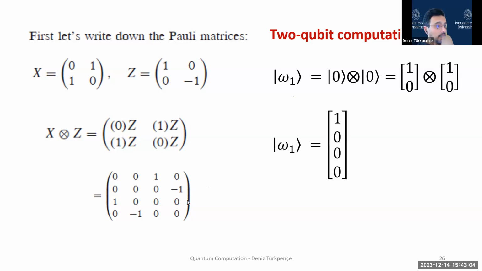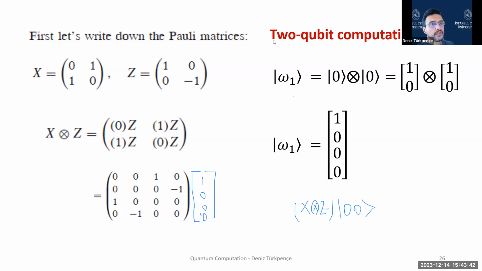So I have a 4 by 4 matrix as an operator. And of course, this operator should match with this state, 1, 0, 0, and 0. Okay, so you can multiply these matrices, or this operator X tensor Z can be applied to this state 00, because the dimensions match.